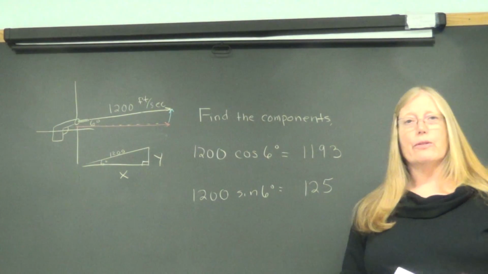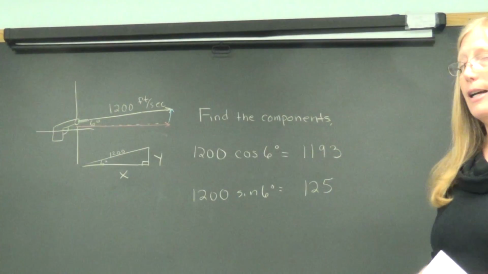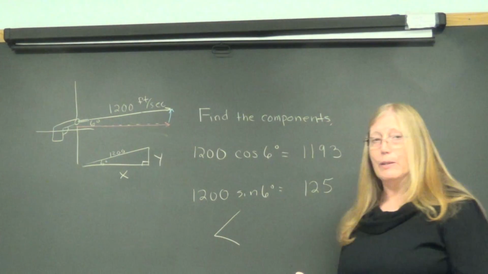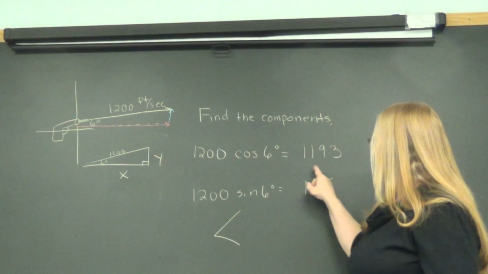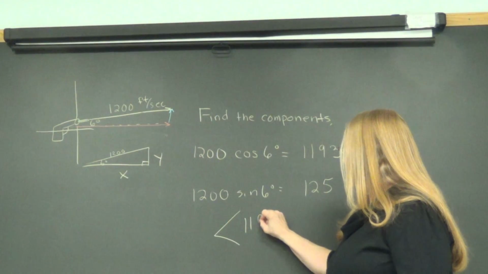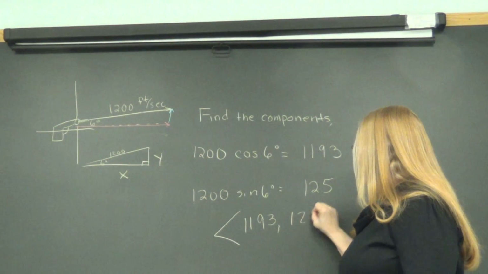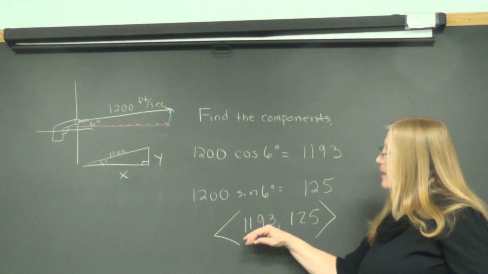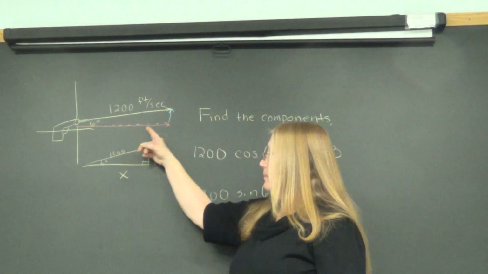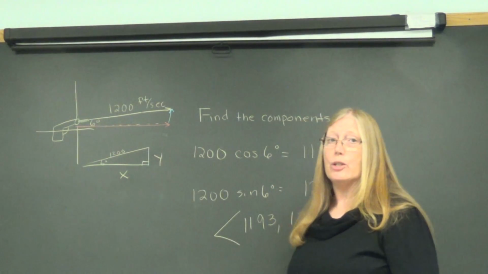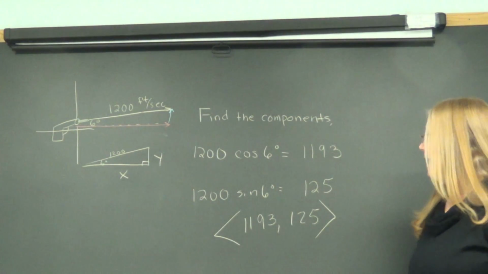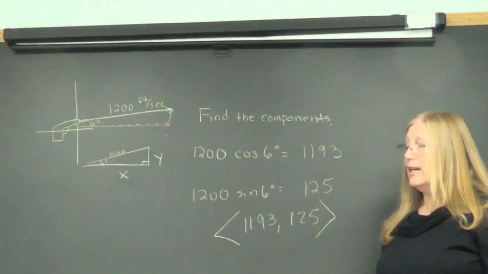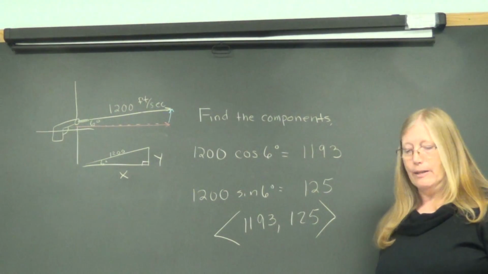So we're going to write those results in vector terminology or vector symbolism. So we're going to put the x one first in the pointy parentheses, and then the y. So 1193. The x component was very long, and the y was very short comparatively. And these are in feet per second as well as the hypotenuse velocity vector.